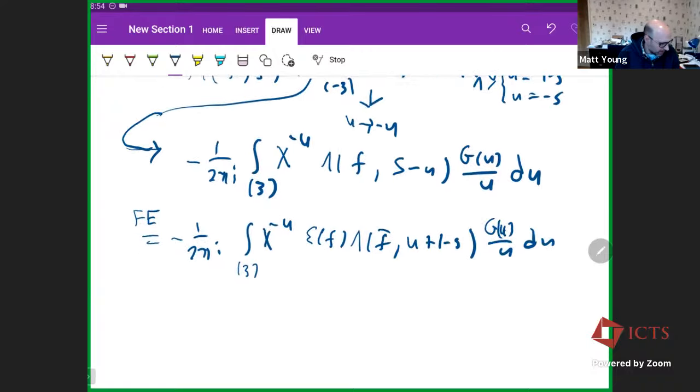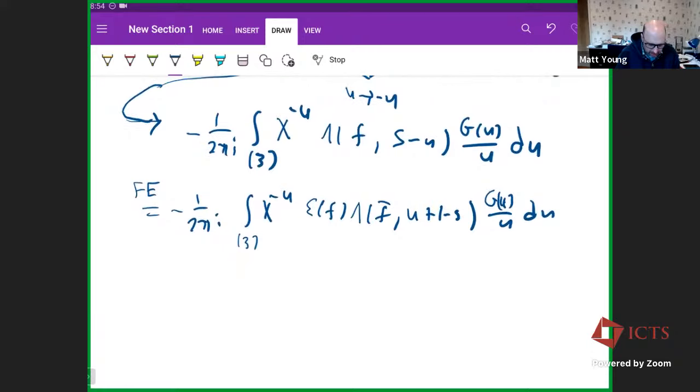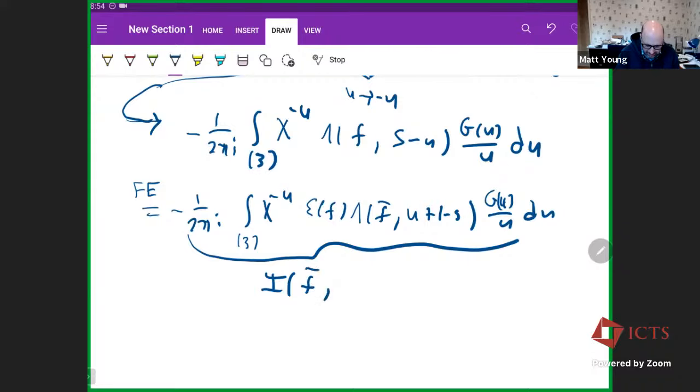Okay, and so rearranging, this is our integral back, but with different parameters: f replaced by f bar, x replaced by 1 over x, and s replaced by 1 minus s.